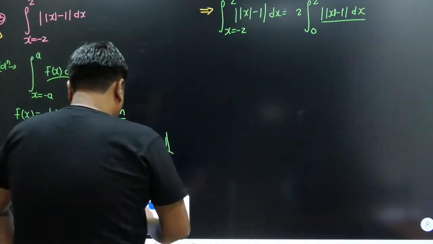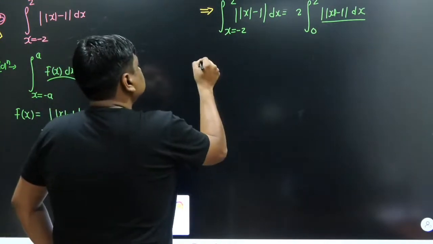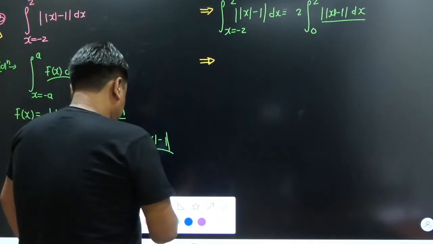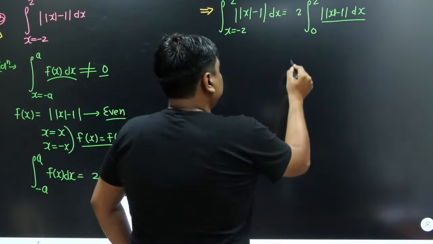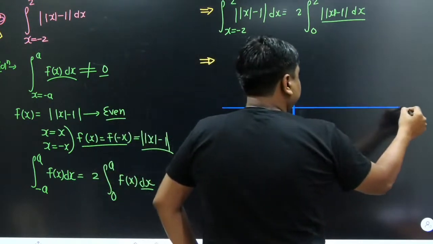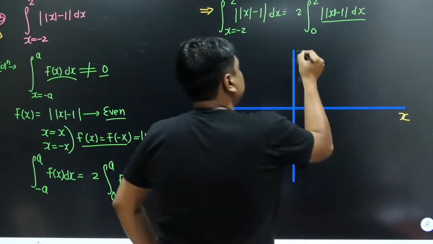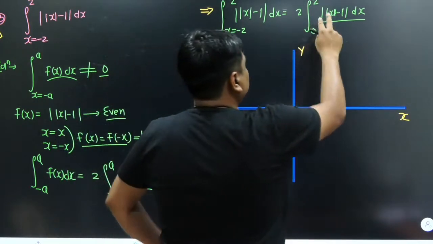So what I would request of each one of you is to just focus on its curve over the xy plane. Here goes the xy plane, the vertical axis and the horizontal axis, the y-axis and x-axis. At the very beginning we focus on the mod of x, how it would look.